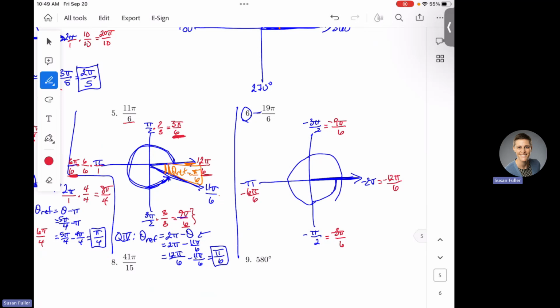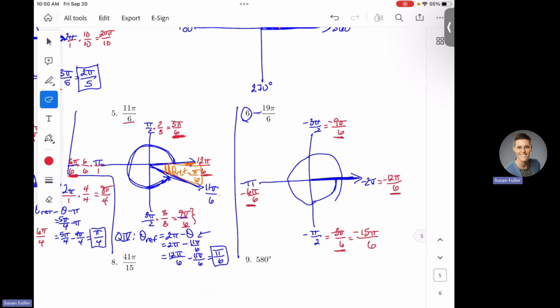Now, I have to figure out where my equivalencies are going to go. So let's kind of work our way around the circle. This was negative 3 pi over 6, 6 pi over 6, 9 pi over 6, 12 pi over 6. If I keep going around, this is going to be negative 15 pi over 6, right?